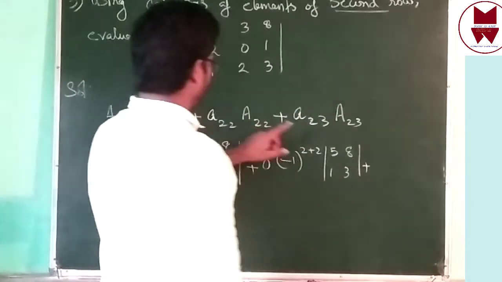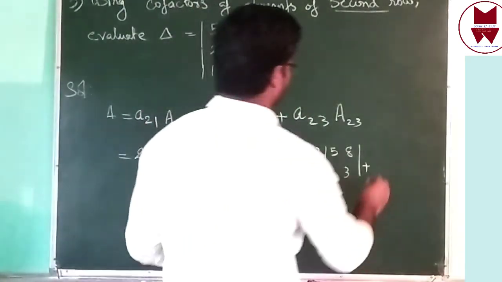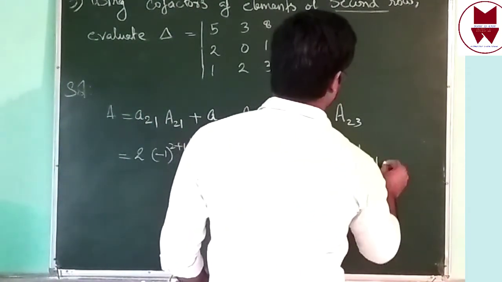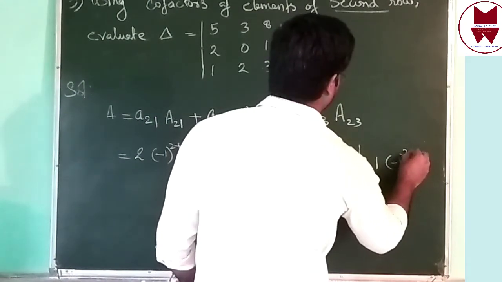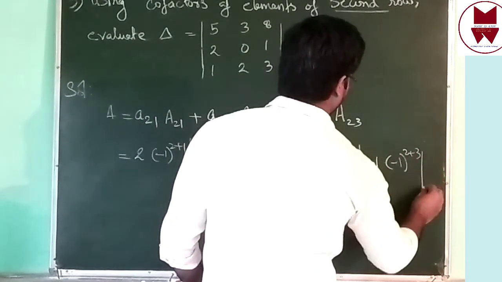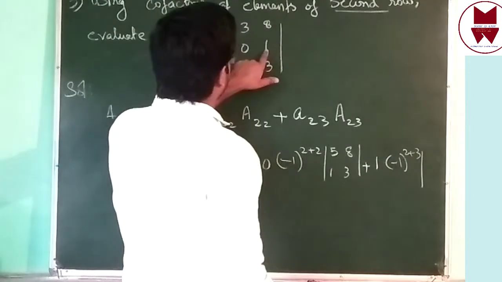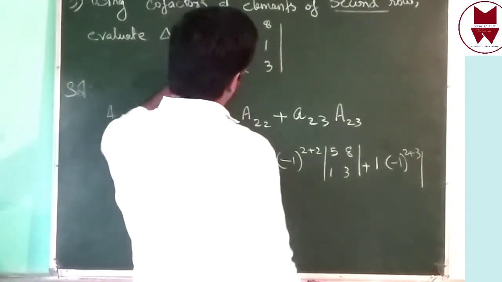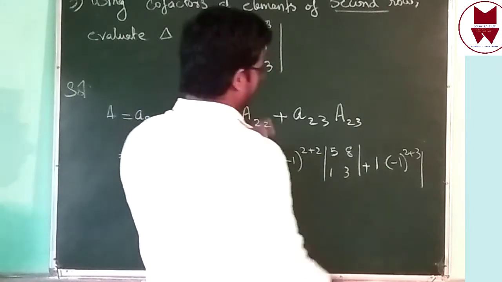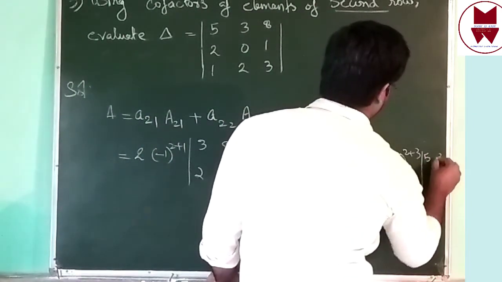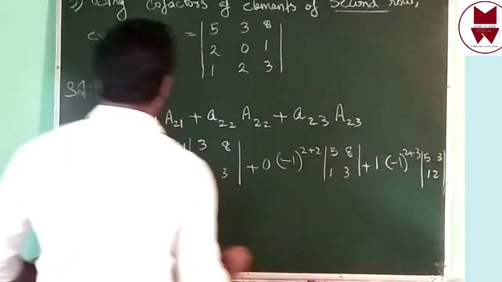Then next, A23 means 1. 1 into cofactor, minus 1 raised to 2 plus 3. Then minor of this 1, the third column and second row, leave it out. 5 3 1 2.